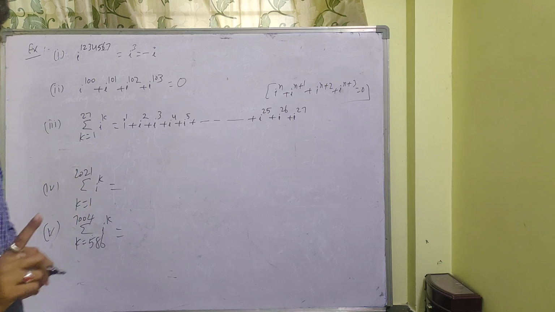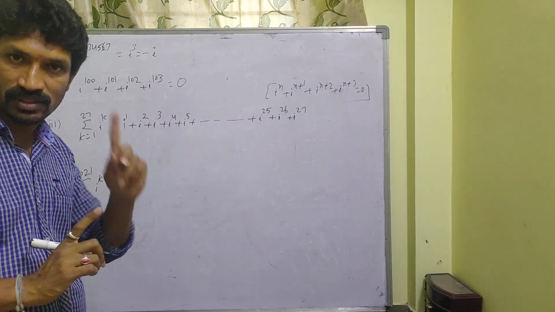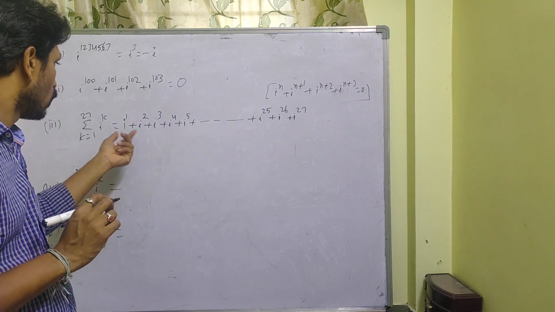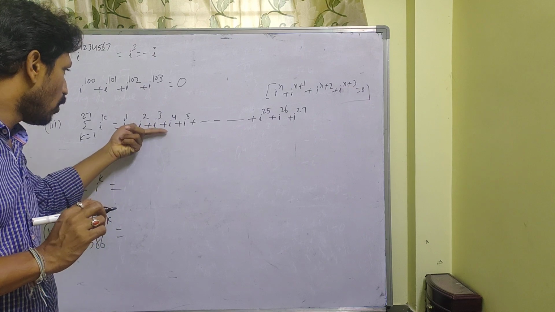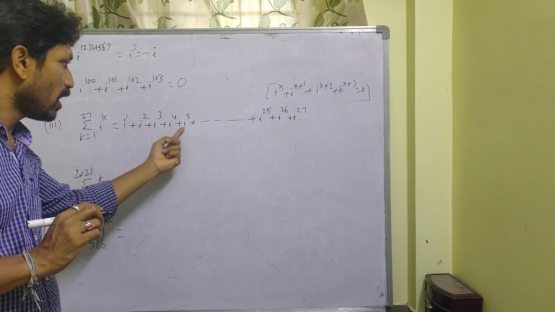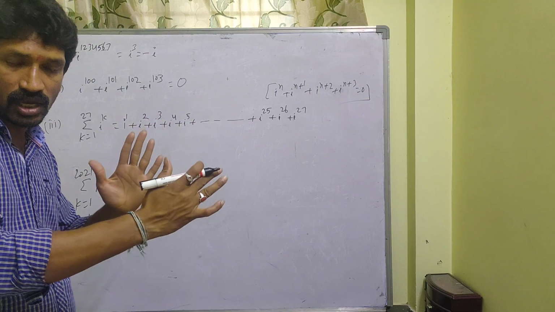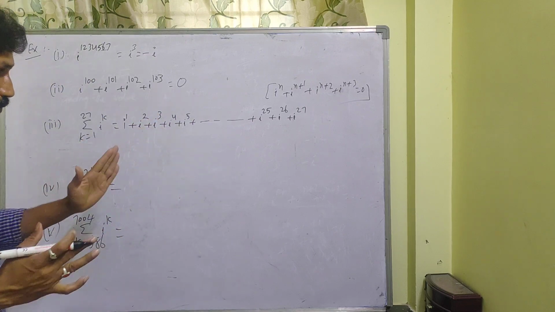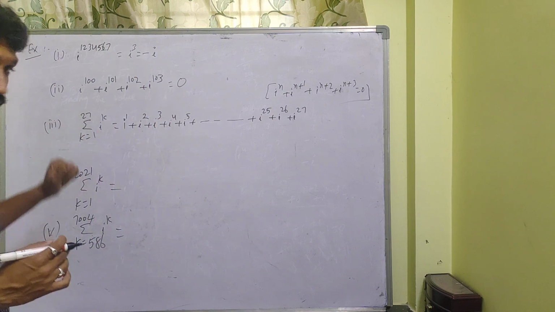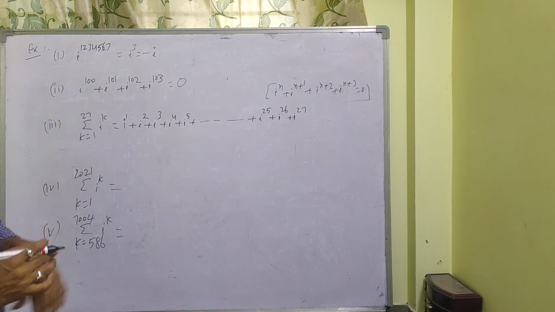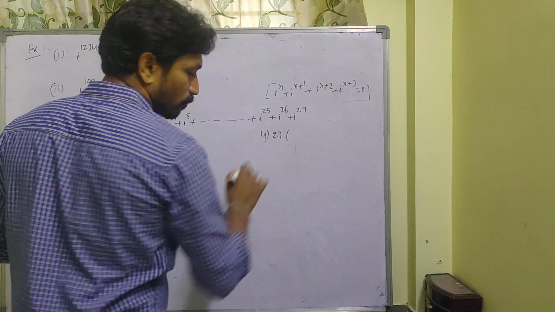Already I told you, the sum of any 4 consecutive terms is equal to 0. You can start from anywhere. The sum up to i power 4 is 0, again i power 5 to i power 8 is 0, like that. So the sum of 4 consecutive terms becomes 0, which means you just divide with 4. Totally how many terms are there? 1 to 27, 27 terms. Just divide 27 with 4.